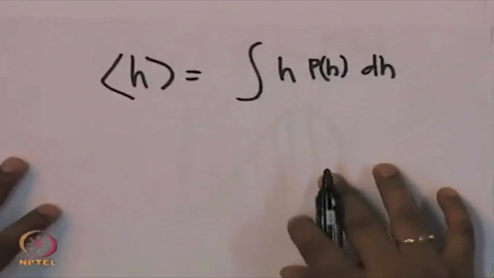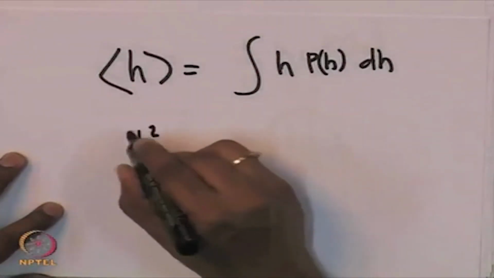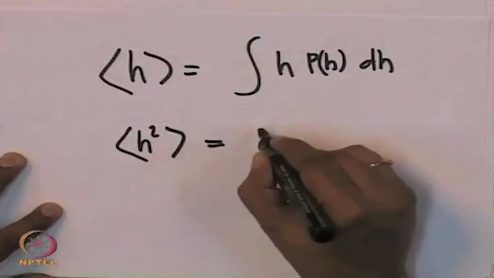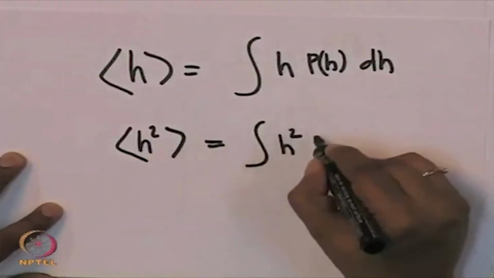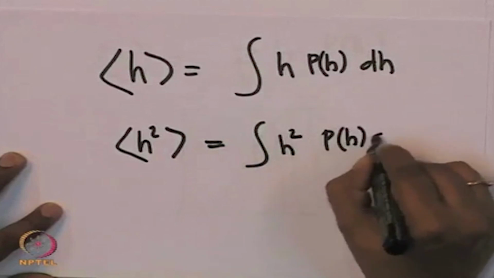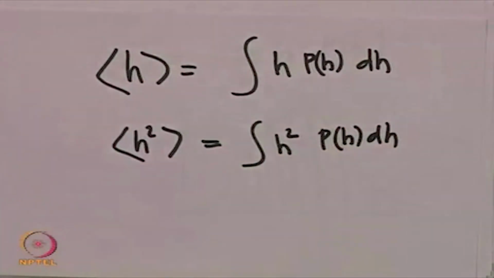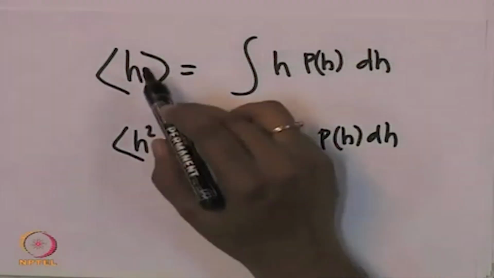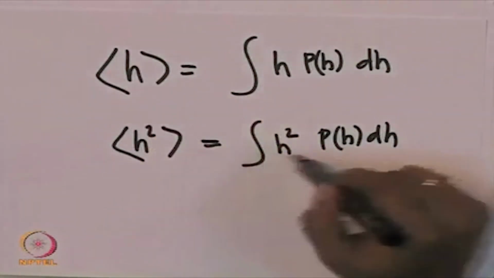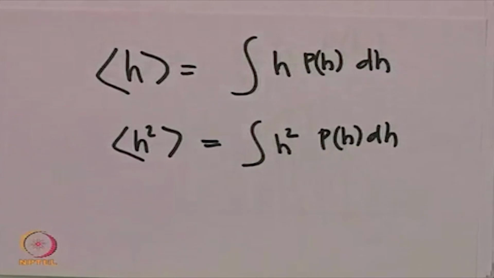Similarly, h square average can be written as the integral of h square p of h dh. So, if h is a continuous function, we can define the averages and square averages in this particular way.